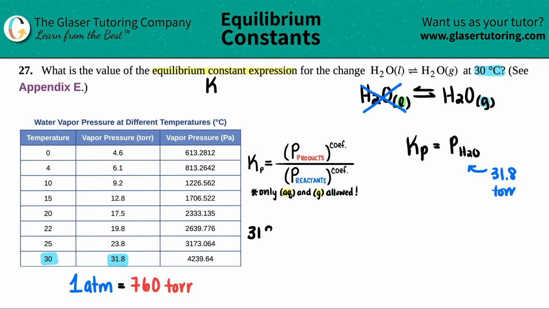So I'll just say 31.8, that's what I got, torr, times a ratio, put the torr on the bottom, put the atm up on the top, and then just know that it's 1 atm for every 760 torr. Seems like we're dividing here. All you've got to do is just divide 31.8 by 760.